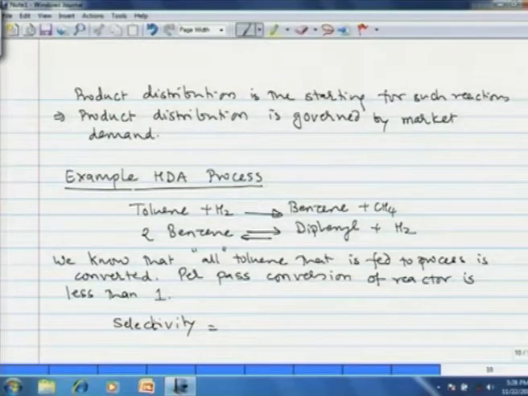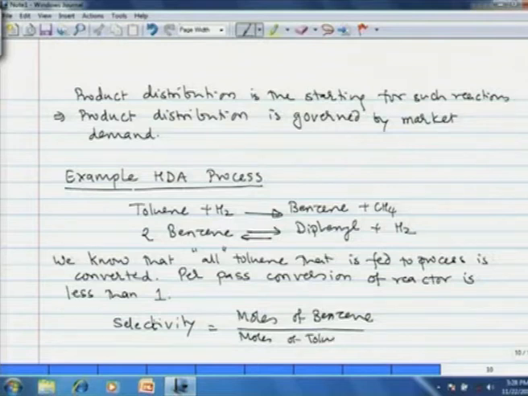There are two ways of defining selectivity: either the moles of desired product formed divided by the total moles of limiting reactant converted, or the moles of desired product formed divided by moles of undesired product formed. So, we use the former definition, that is moles of benzene formed, which is the desired product of the process, divided by moles of toluene that are converted.